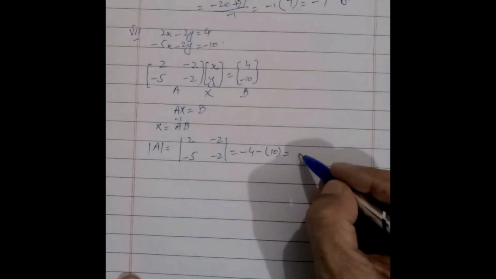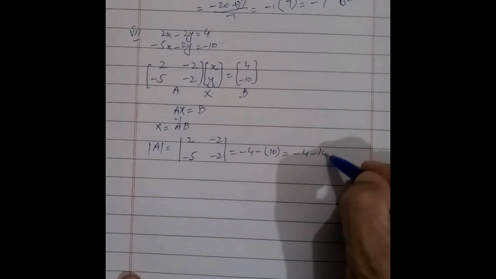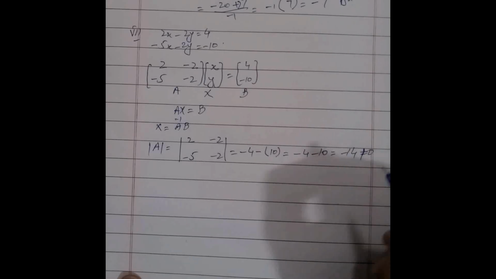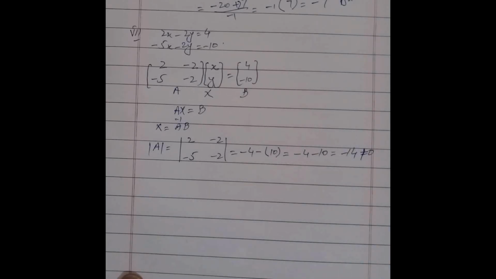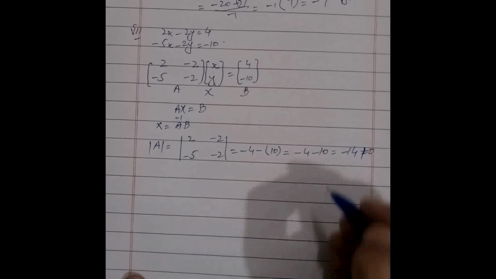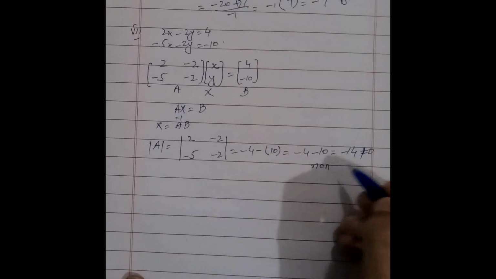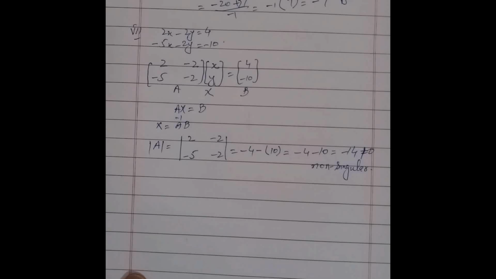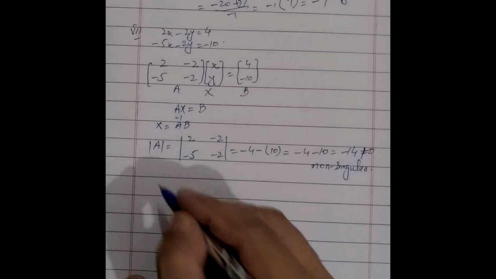Now simplify: -4 minus 10 is equal to -14, which is not equal to 0. So it is non-singular, and we can find the values of A inverse.